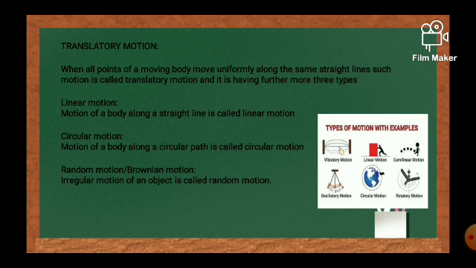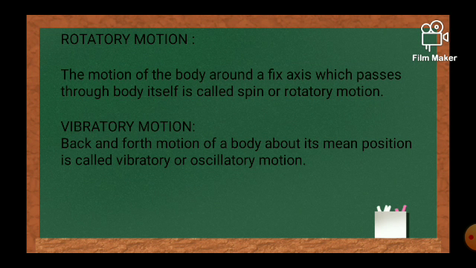So that's why it is known as random motion or Brownian motion. Irregular motion of an object is called random motion. The zigzag motion, or up and down and right and left motion in a particular time, is called random motion.